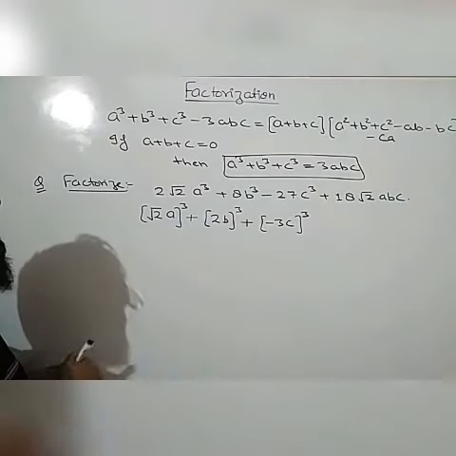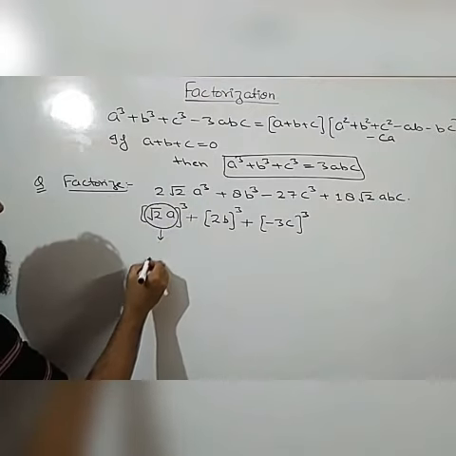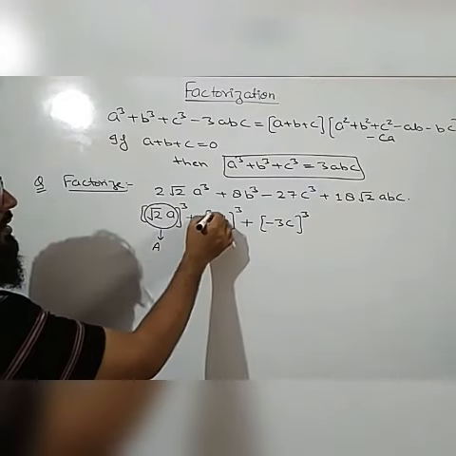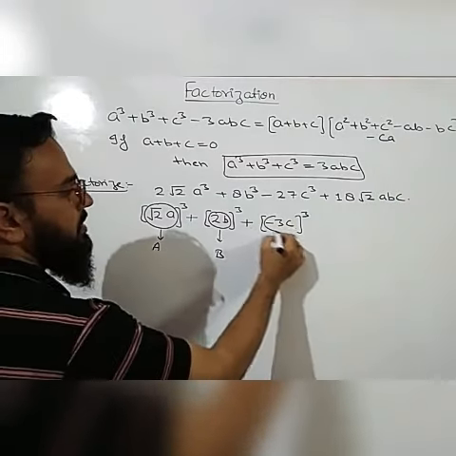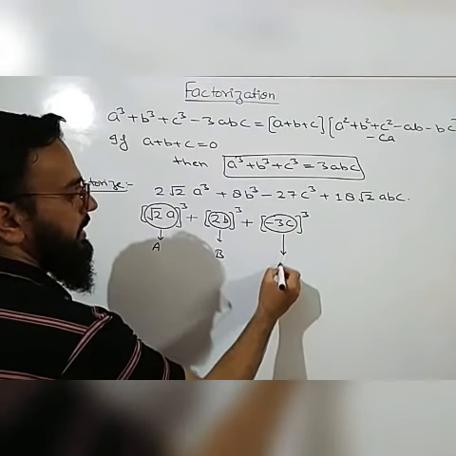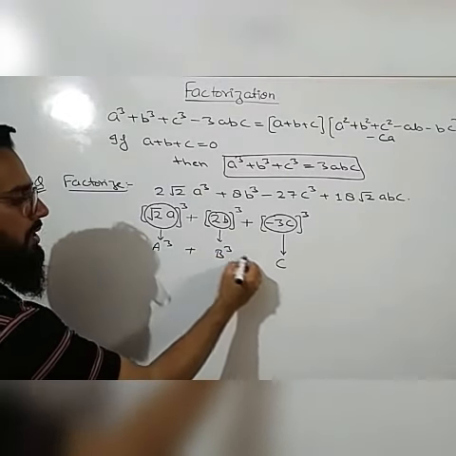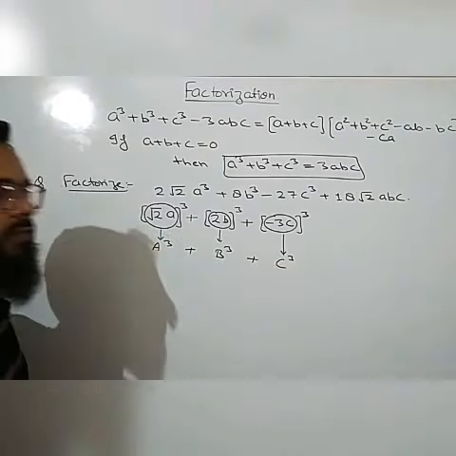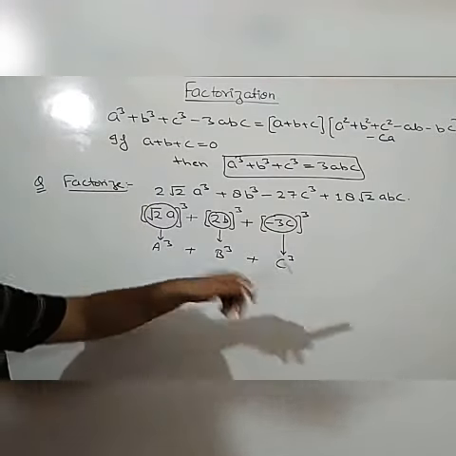So it is converted. Now we can consider root 2 a as a, 2b as b, and minus 3c as c. So it is written as a cube plus b cube plus c cube. So the first three terms give a cube plus b cube plus c cube.